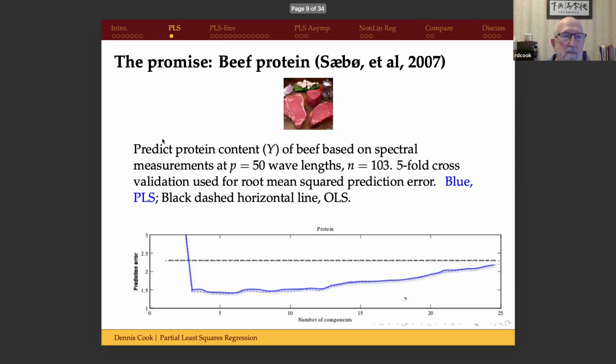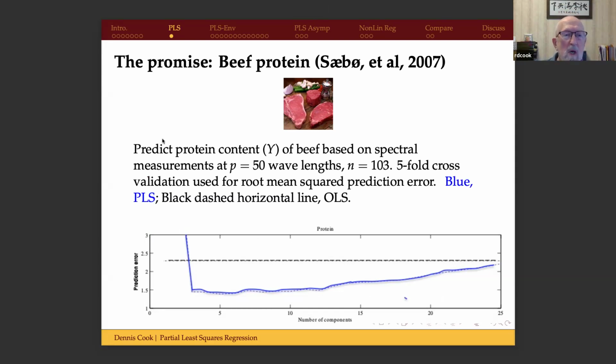So what's the promise? Here's a little example. This is to predict the protein content Y of beef based on spectral measurements at 50 wavelengths, 103 observations. The picture was generated using 5-fold cross-validation for the root mean squared error.